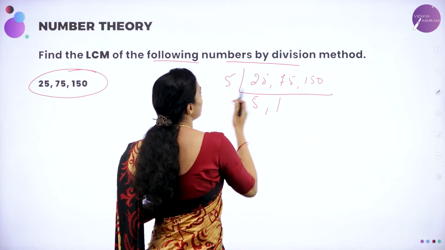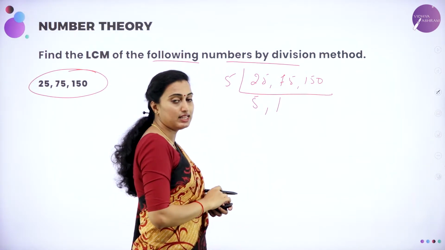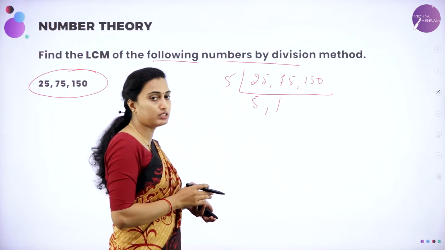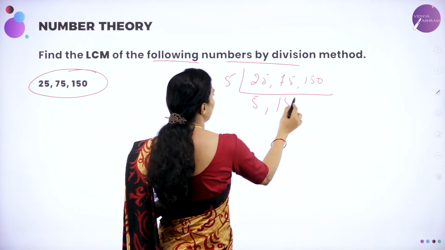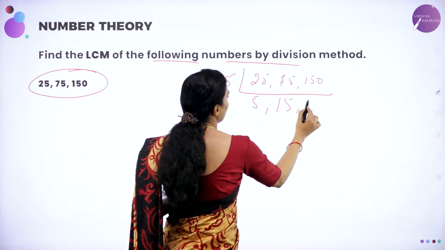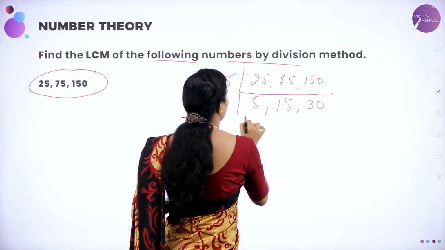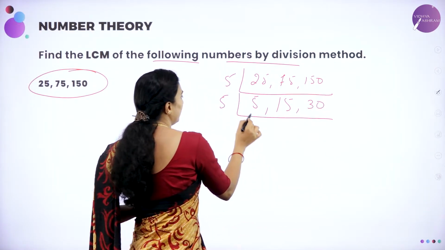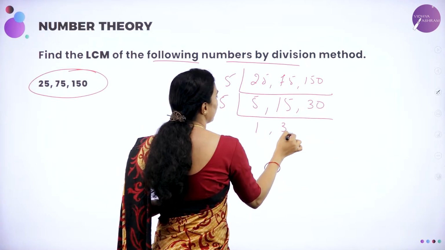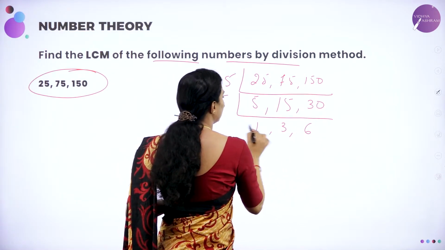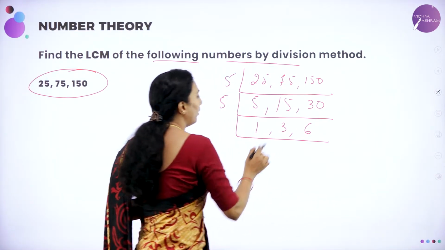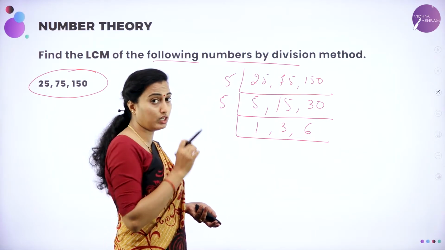You are going to have 2 carrying over, correct? 25 again, 5 5s are 25. Again 5 3s are 15. Again you can observe this is divisible by 5. 5 1s are 5. 5 3s are 15. 5 6s are 30. If you see here, 1 and 3 are prime but 6 is not a prime.